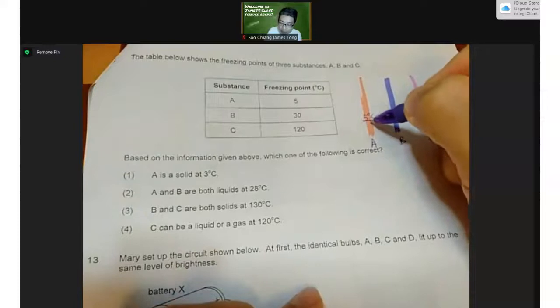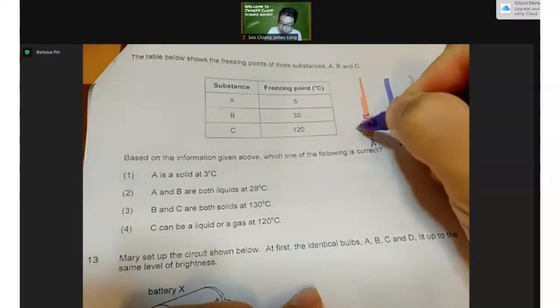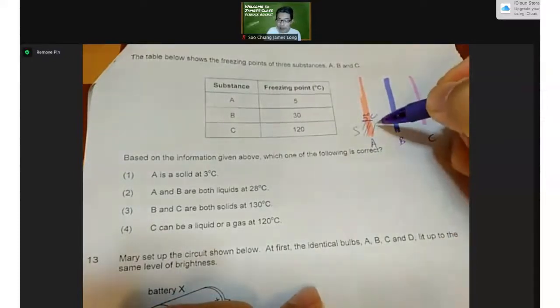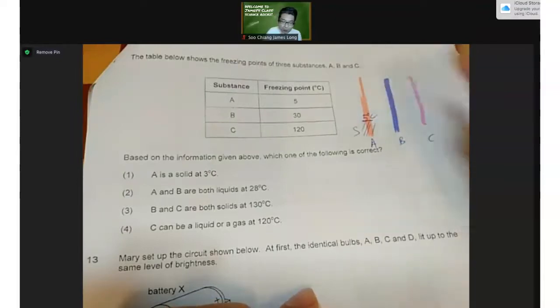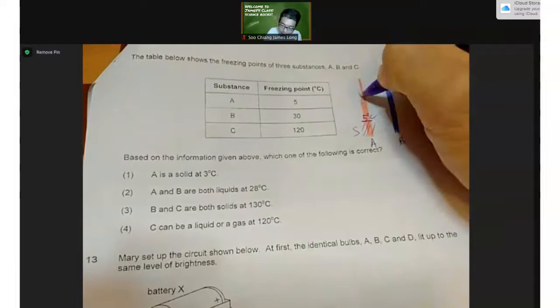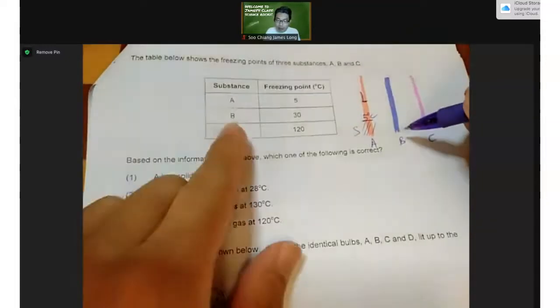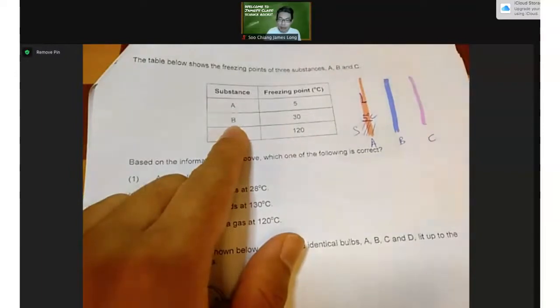So the part below here definitely is solid. When it reaches 5 degrees Celsius, it will melt and becomes a liquid. So anything above here will be liquid. For B, I can't write down for gas because I'm not sure what's the boiling point, so I can't tell where is the gas part.